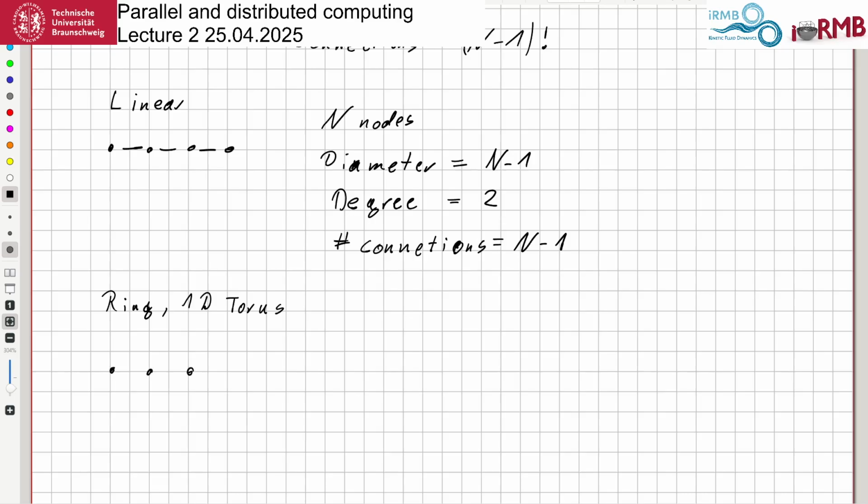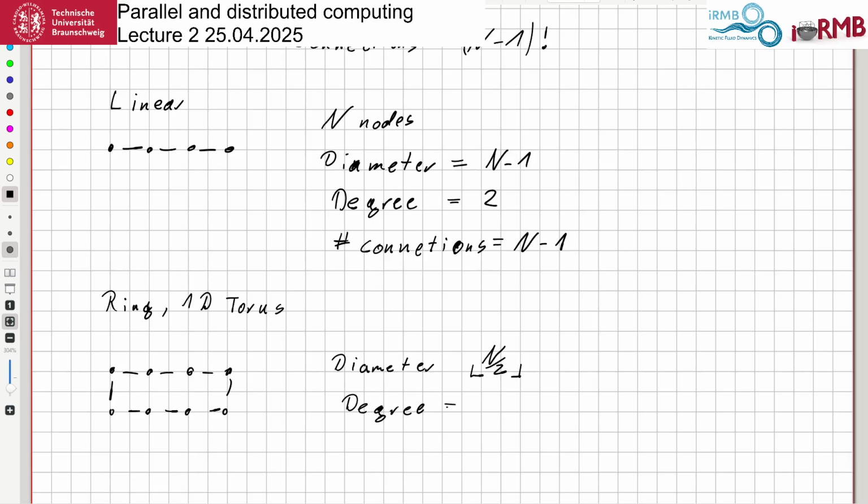So basically, what you do, okay, I make it a little bit larger here. So you put everything in a ring. Now what's the diameter of that? Yes, it's n by 2 because you always take the shorter way, but since this may not be divisible by 2, it's the lower bound.